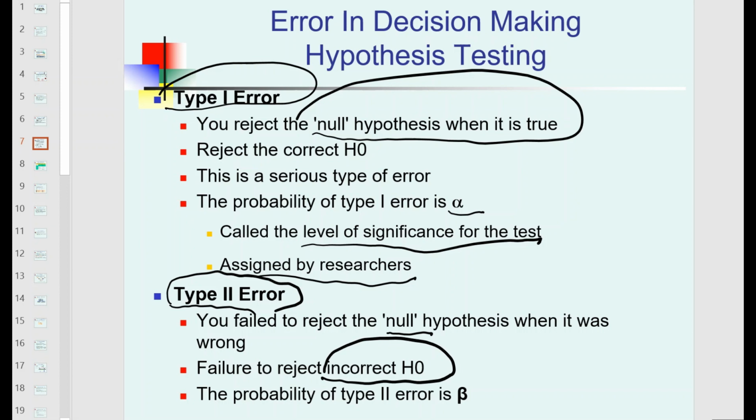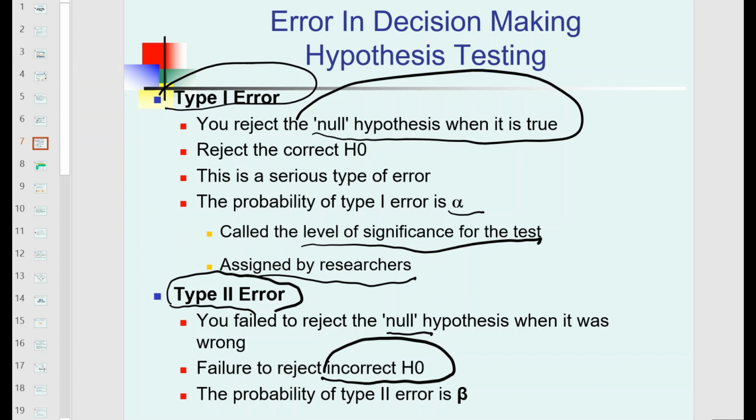Failure to reject an incorrect H null. So how do you understand and memorize these errors in decision making? If you look at type 1 and type 2 error, it is all about H null. Type 1 is when it's true, you reject. Type 2 is when it's wrong, you fail to reject.